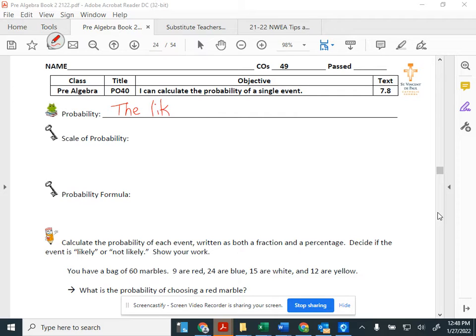Just like yesterday, we're building off of that. So that probability is that likelihood that that event is going to occur. Like we talked about yesterday, we have our probability scale, 0% to 100%.